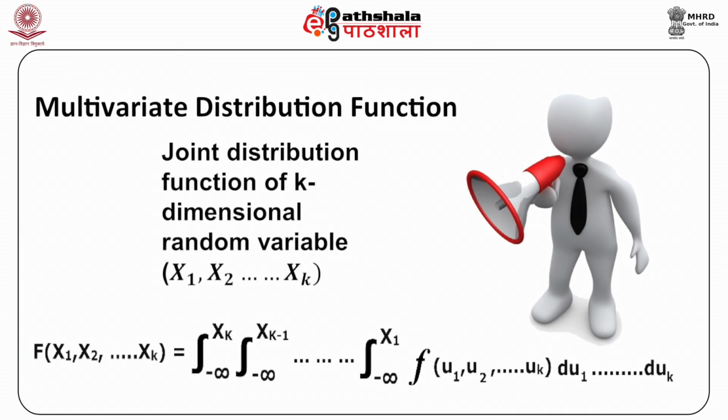Next, we discuss the multivariate distribution function. The joint distribution function of the k-dimensional random variable x1, x2 to xk is defined as F(x1, x2, ..., xk), equal to the integral from minus infinity to xk, up to minus infinity to x1, of the function f(u1, u2, ..., uk) du1 right up to duk, for all x1, x2 to xk.